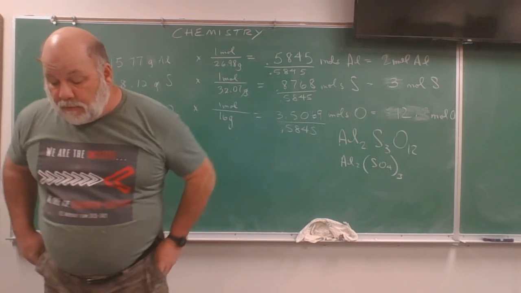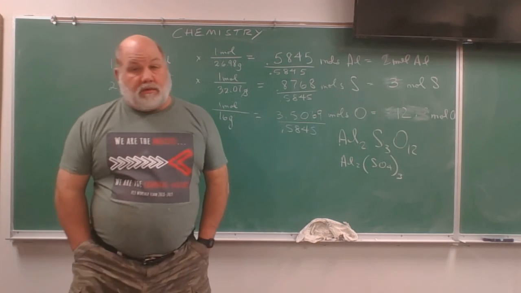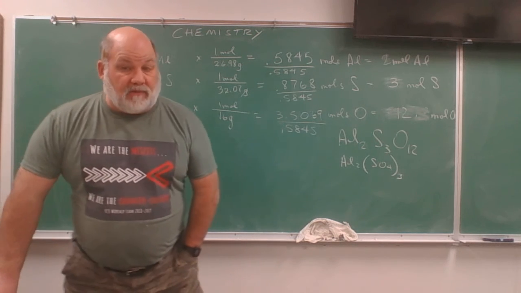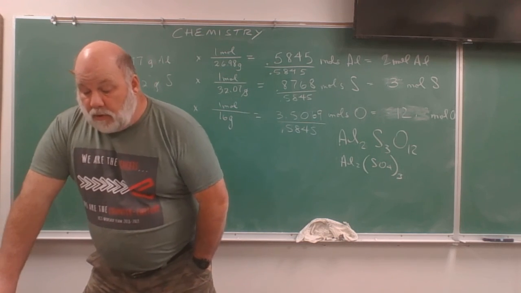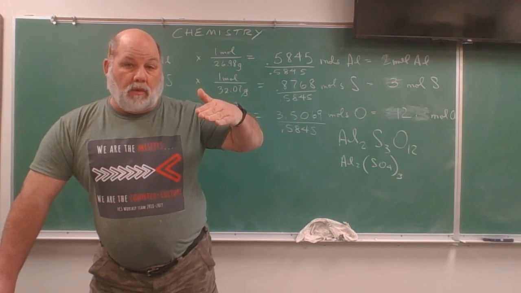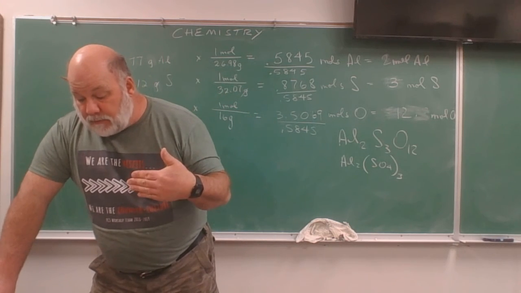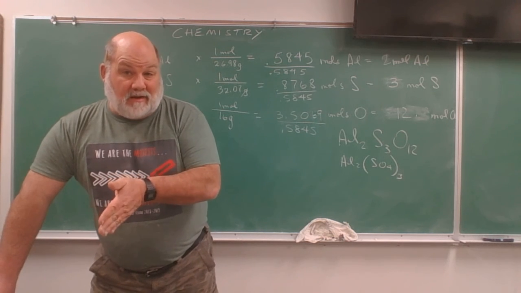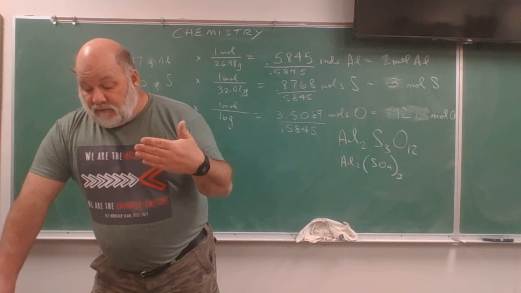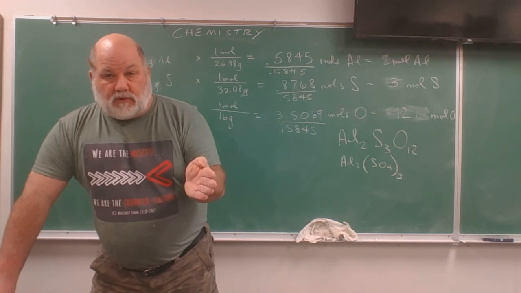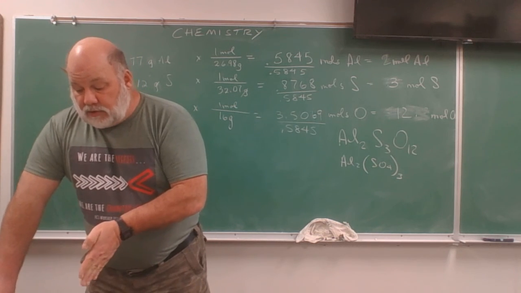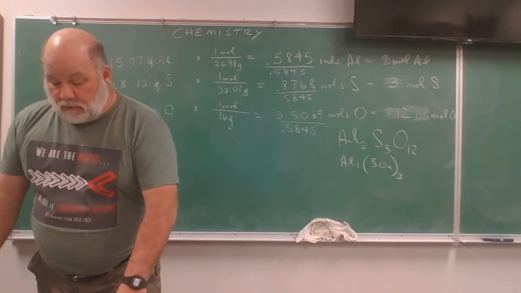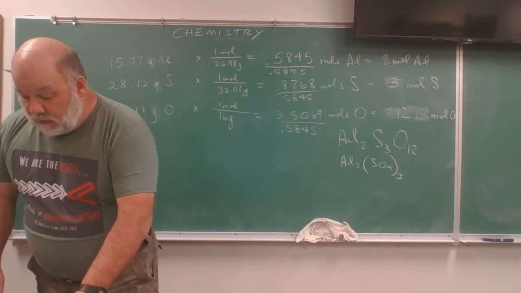And they come up with 0.1316 moles of nitrogen, 0.1973 moles of oxygen. They divide them both by 0.1316, the smaller of the two numbers. And they come up with a ratio of 1 to 1.5, 1 to 1.4999. That means they have 1 mole of nitrogen, 1.5 moles of oxygen. They multiply them both by 2, and they get a 2 to 3 ratio. And you're able to find out the empirical formula.